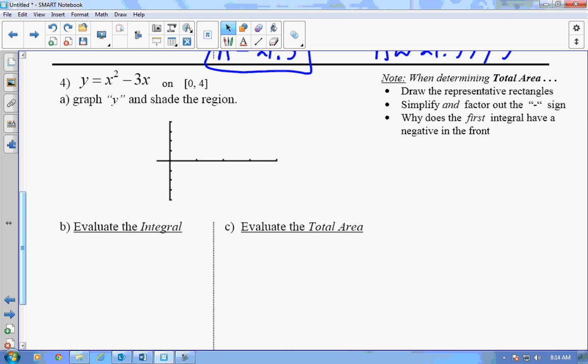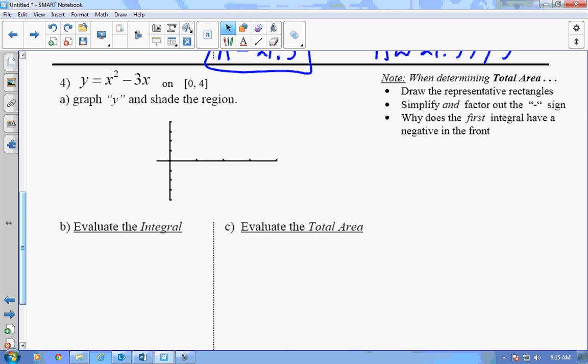Yep, make sure you always do top minus bottom. That looks good so far. Actually, this should just be 2, 3. Is that first section? 1, 2, 3.